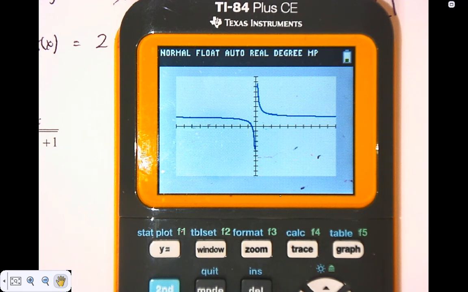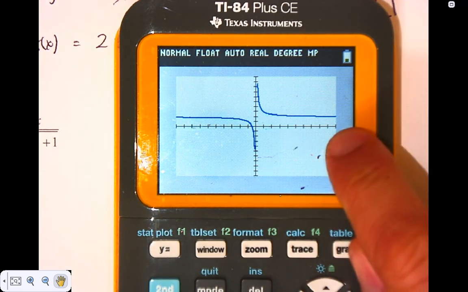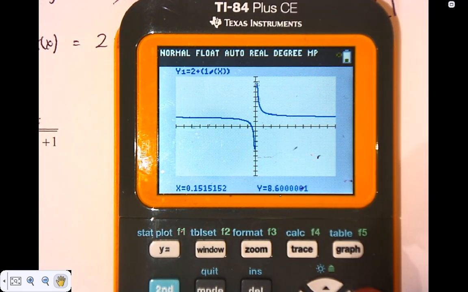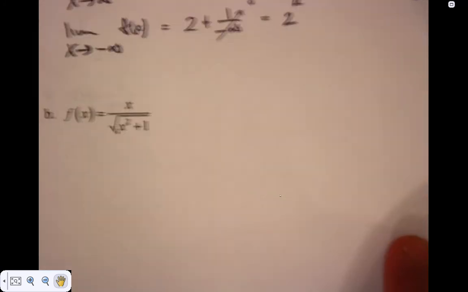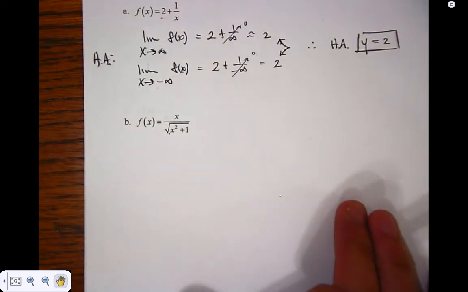But even with that graph, only out here at a value of 10, as you come over to the right, you can clearly see that this thing is coming down and approaching a value of 2, which is the definition of a horizontal asymptote. All right, so let's do example B here. Same thing.